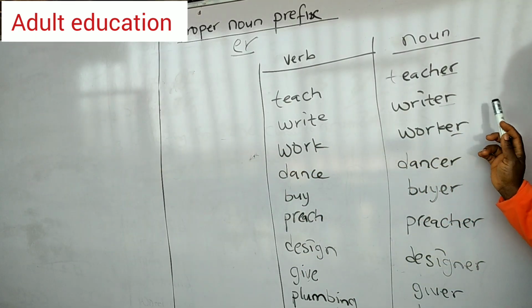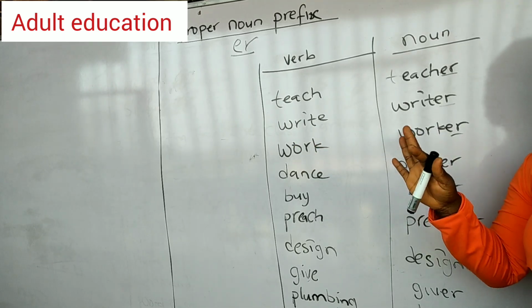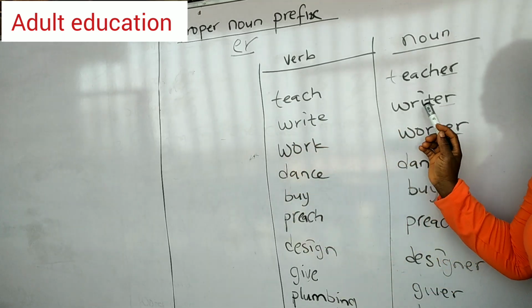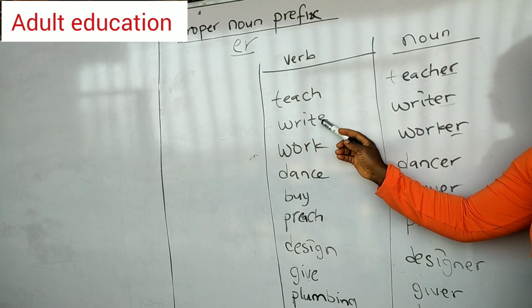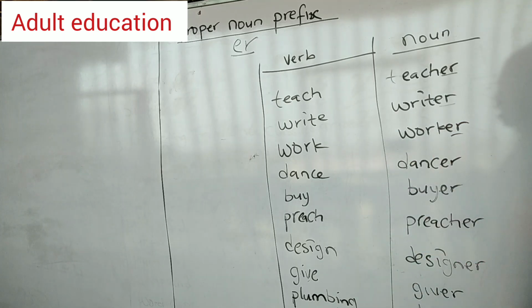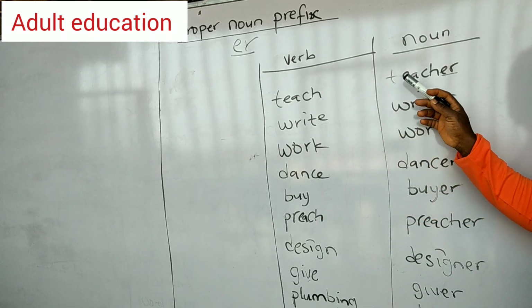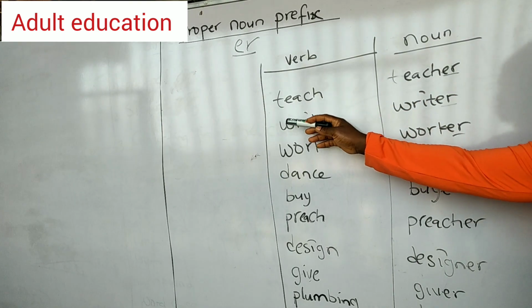We have writer. The person that performs this action is the writer. That is the noun, okay? You can see that this is the ER, this is the ER. When you have E at the end of that particular word, you only add R, okay? So we have teach, and the noun is teacher. We added ER.